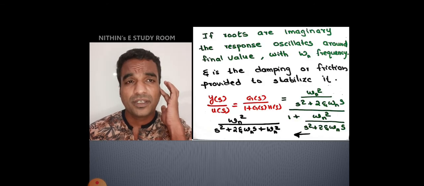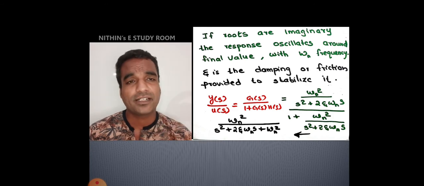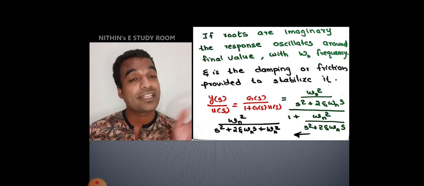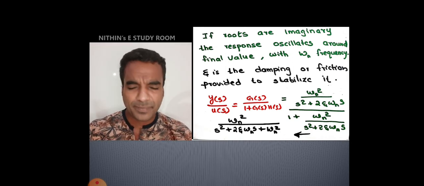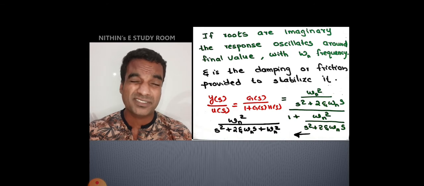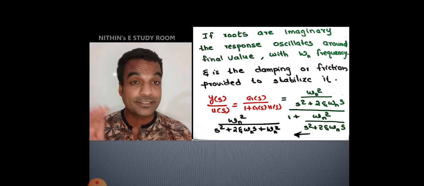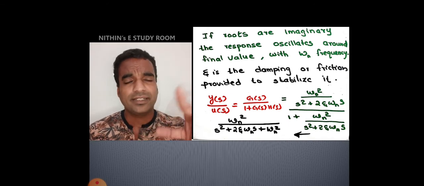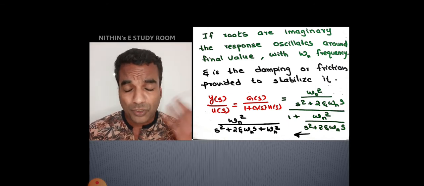So if roots are imaginary, the response oscillates around the final value with omega n frequency. But in our previous example, it was 1 by s square plus 5s plus 6, so the roots are s equal to minus 2 and minus 3. The roots are real, so that system will not give any oscillating response.